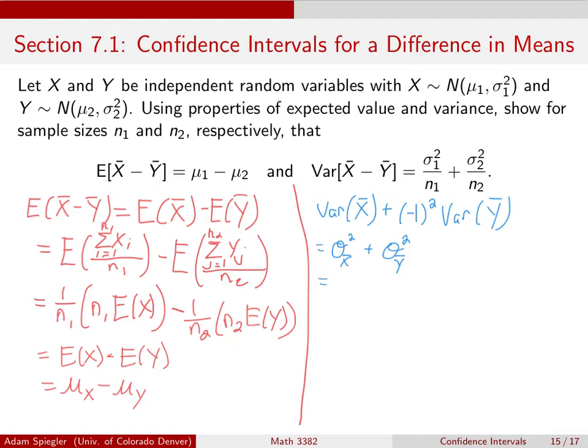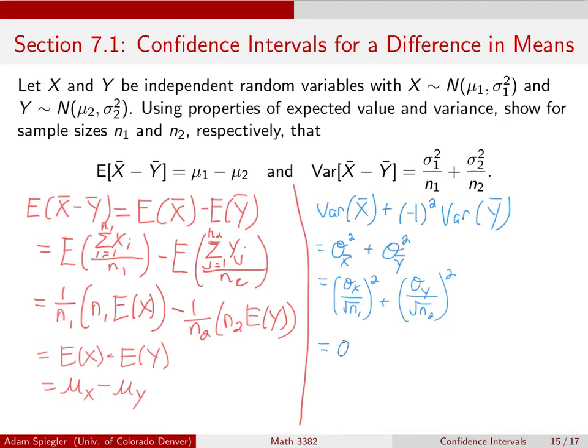That's why we add these two as opposed to taking the difference. From the central limit theorem, we've already seen that the variance for x bar is going to be sigma x over the square root of n1, squared, and the variance for y bar is going to be sigma y over the square root of n2, squared.